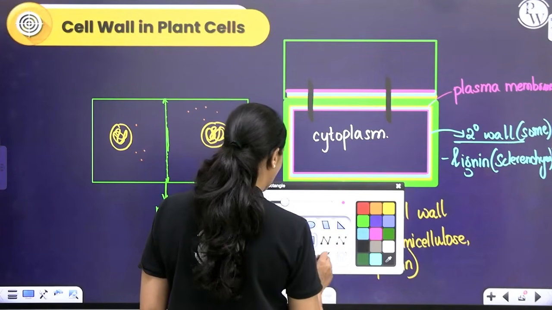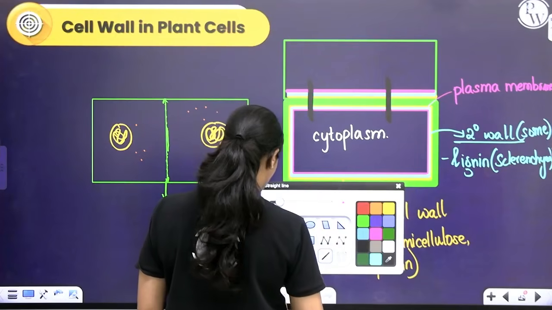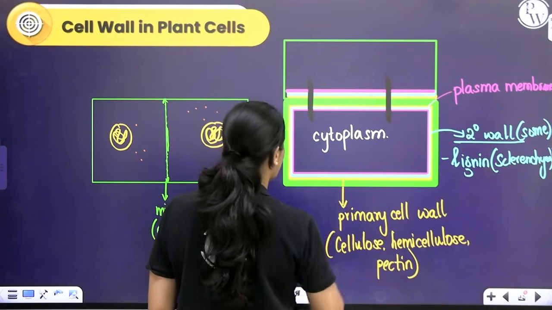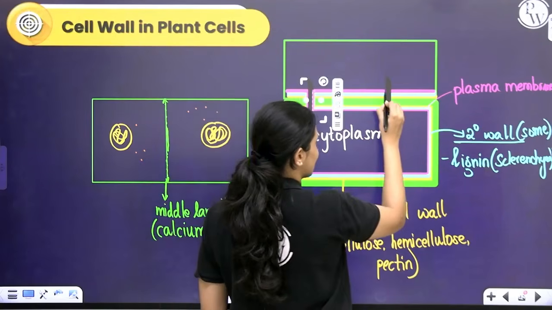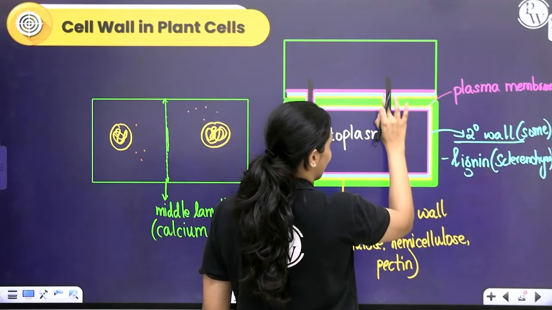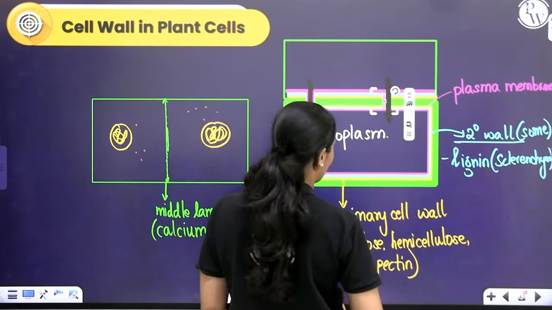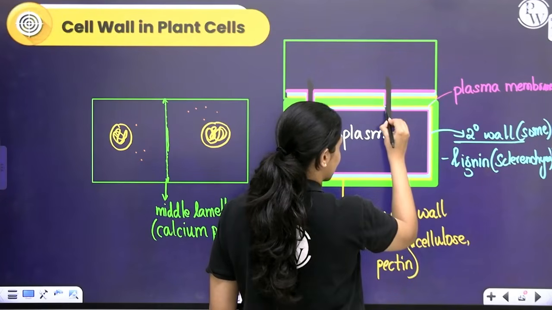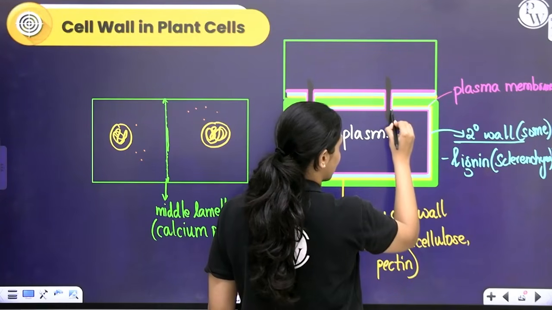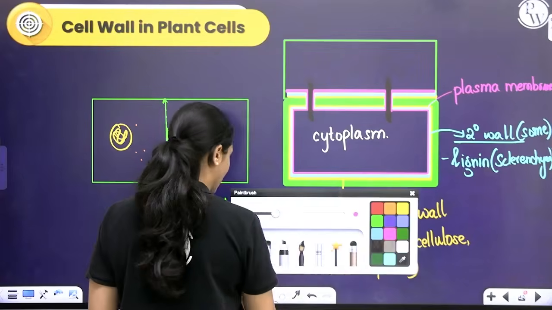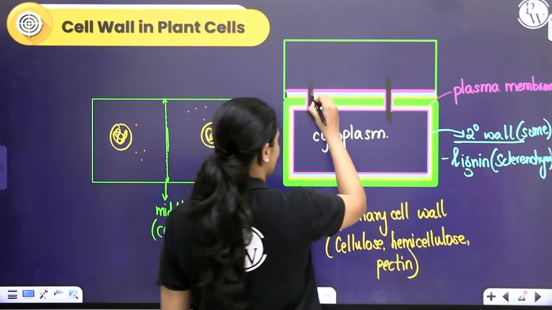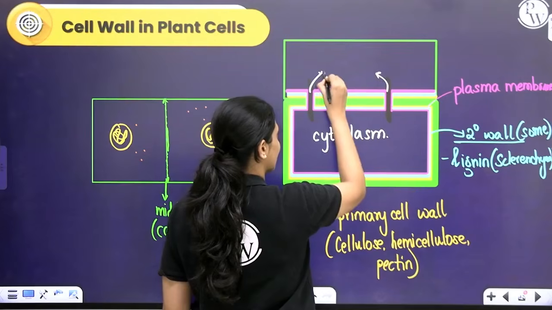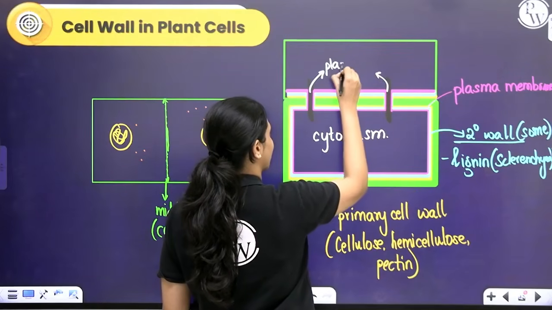They connect the cytoplasm of one cell with the other cell. So through that, because of the interconnected cytoplasm, communication can happen between these two neighboring cells. I hope you've understood. These cytoplasmic connections that exist between these two cells are called plasmodesmata.